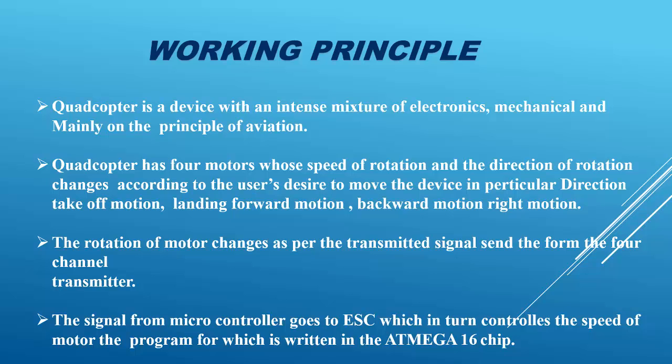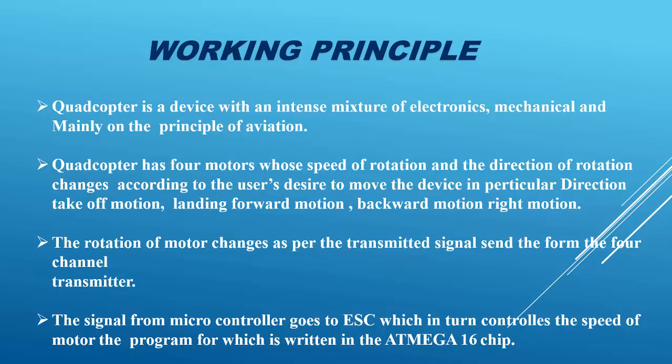Quadcopter has four motors whose speed and direction of rotation change according to the user's desire to move the device in a particular direction: takeoff, landing, forward motion, backward motion, right motion. The rotation of the motors changes as per the signals sent from the 4-channel transmitter. The signal from the microcontroller goes to the ESC, which in turn controls the speed of the motor.